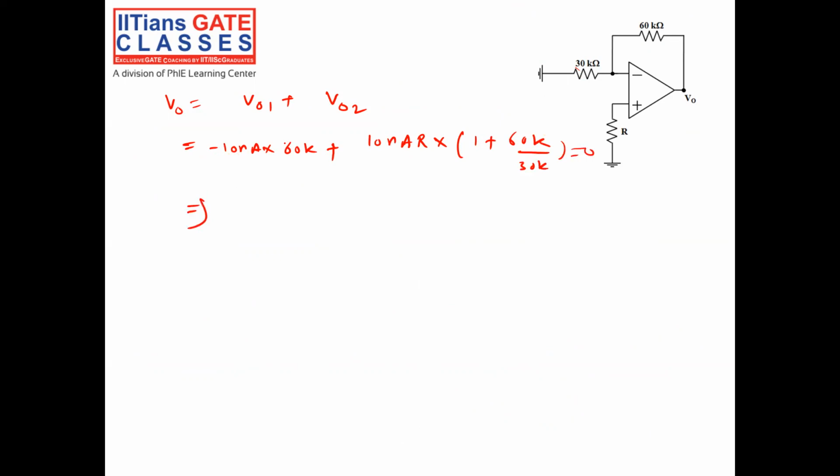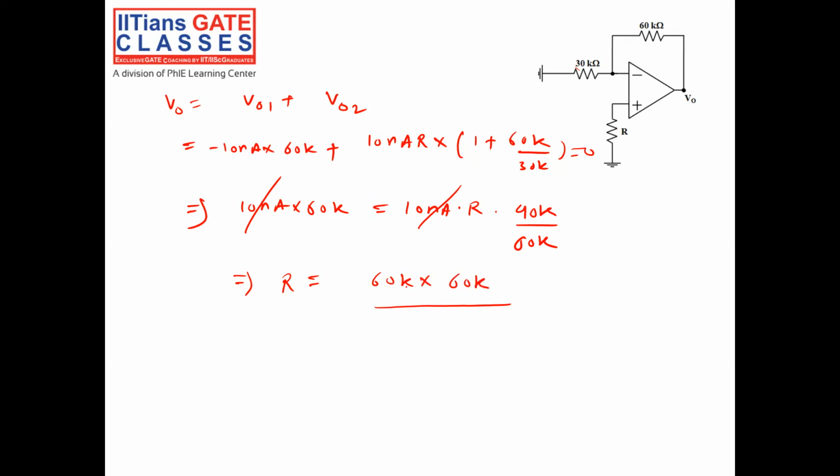This implies 10 nano into 60K is equal to 10 nano into R into 90K by 60K, right? So this gets cancelled, right? So R is equal to 60K into 60K divided by 90K, right?